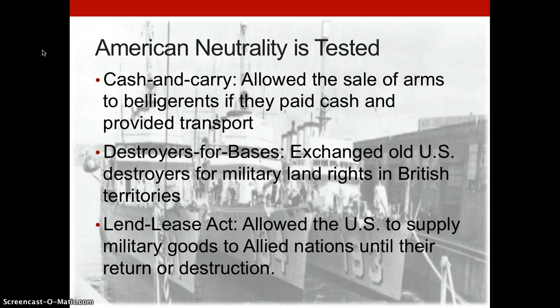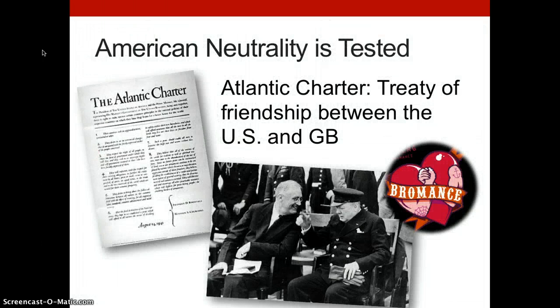And finally, we get the final act of American ties to Great Britain, and that is the Atlantic Charter. This was a treaty of friendship between the United States and Great Britain after the Blitzkrieg and the Battle of Britain. This stated the ideal goals of the war.